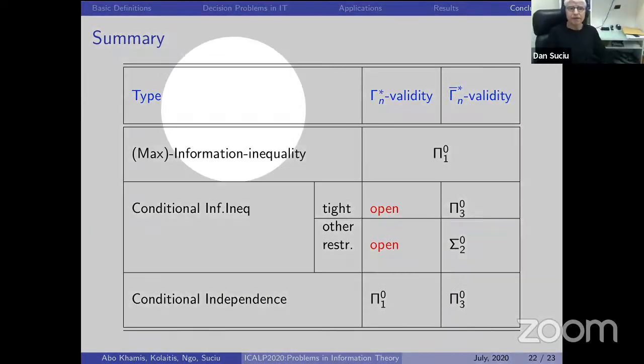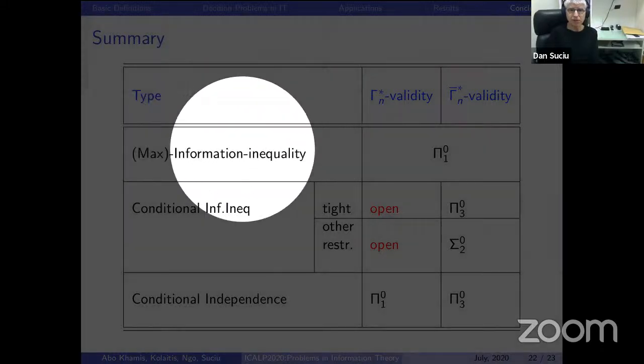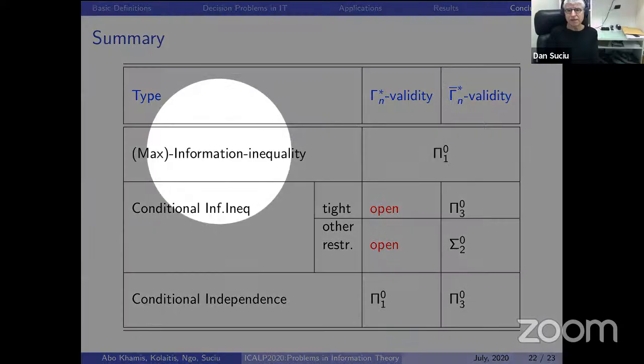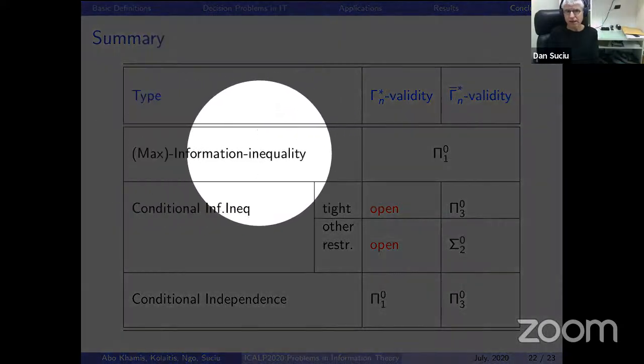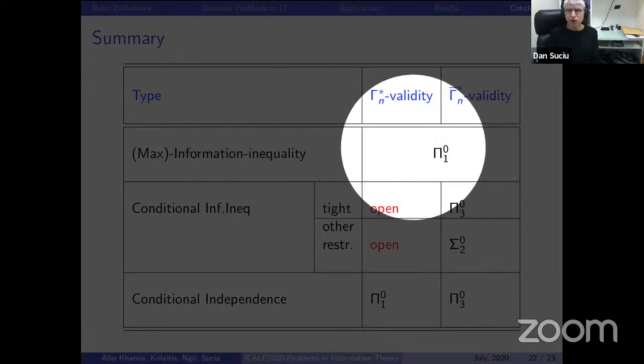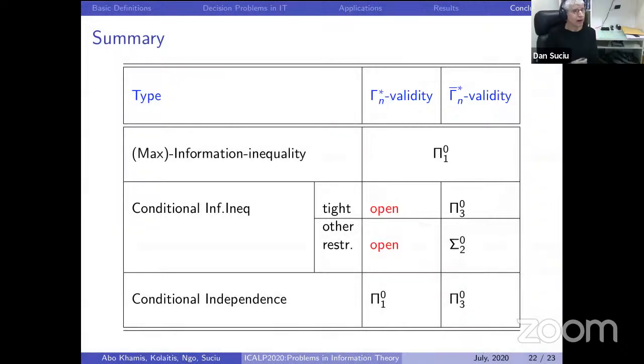If we start with the simplest ones, simple information inequalities or max information inequalities, it's very easy to see that the decision problem, given such an inequality, is it valid, is in pi 1, at the first level of the arithmetic hierarchy. Why is that? In order to refute it, you need to find a finite probability space with rational probabilities that invalidates that inequality.